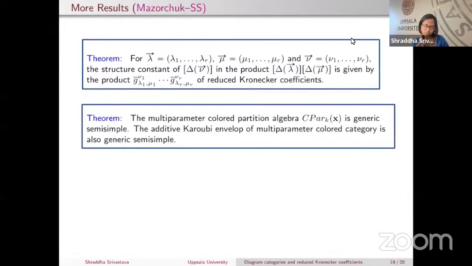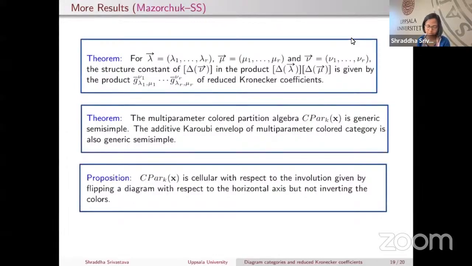And then we also proved that the multi-parameter color partition algebras are generically semi-simple. And we also had a proof that the additive Karoubi envelope of the multi-parameter color partition category is generically semi-simple. So for the result when we take R equal to 1, this is Deligne's interpolation category.